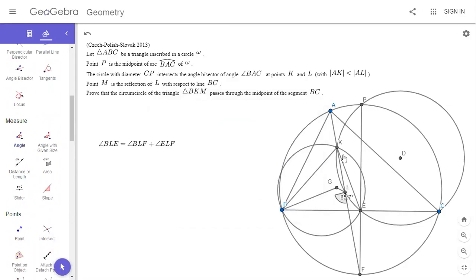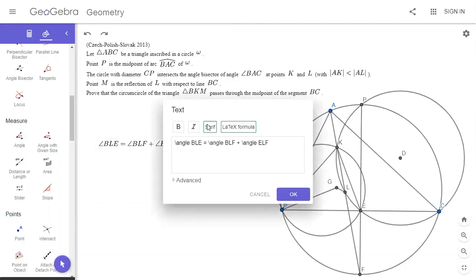So angle BLF is 85.7. Okay, and that's angle KBF plus, so I'm using some of the stuff that you guys mentioned. So that's KBF plus angle EKL.